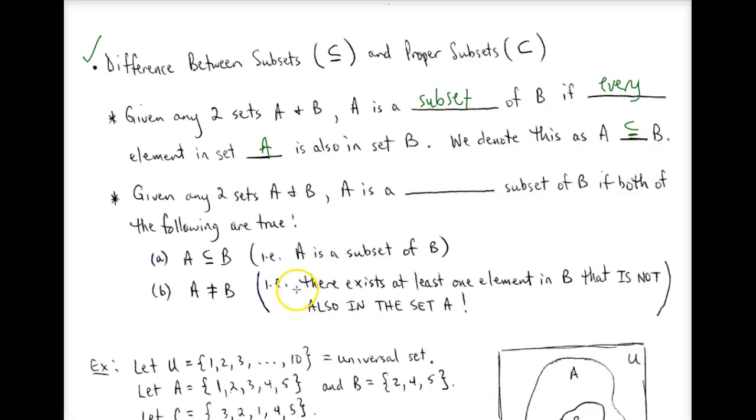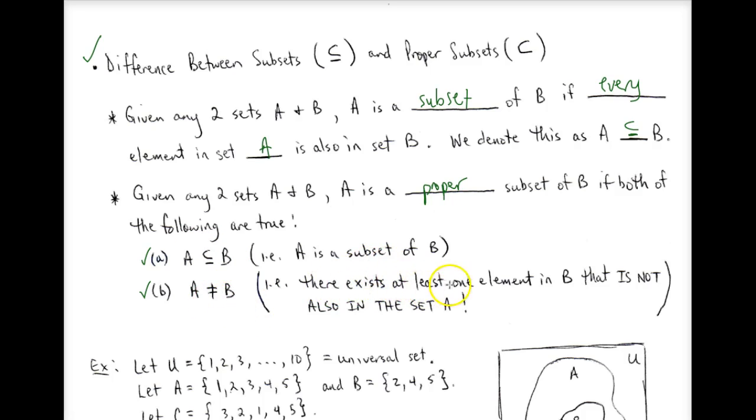Okay? Now, given any two sets A and B, A is a proper subset of B if both of the following are true. Number one, A is a subset of B, meaning that everything in A also shows up in B. But we also see here that A can't equal B. What that means in this sense is that the cardinality of set A has to be smaller than the cardinality of set B. So that's another way of saying it.